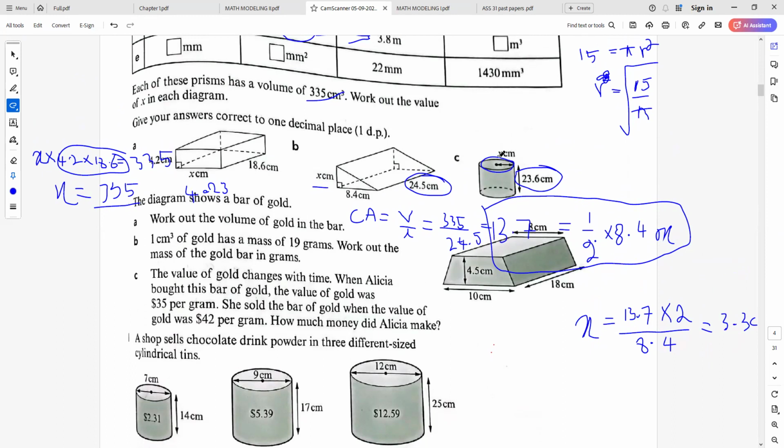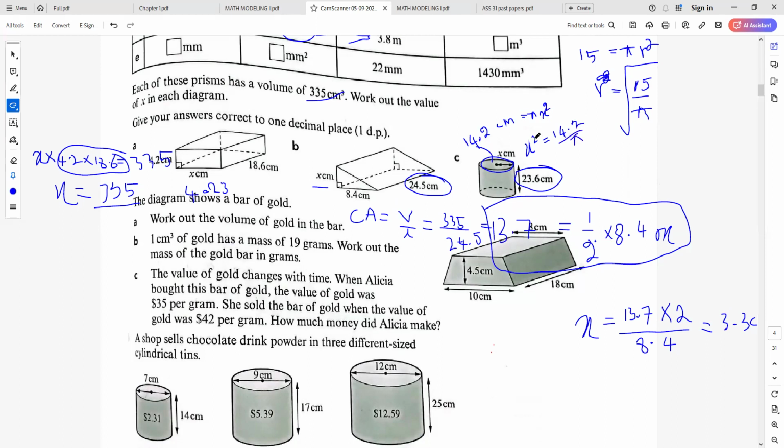So this area is 14.2 centimeters squared. Now this 14.2 centimeters squared is equal to pi x squared, where x is r here. Now x squared is equal to 14.2 divided by pi.